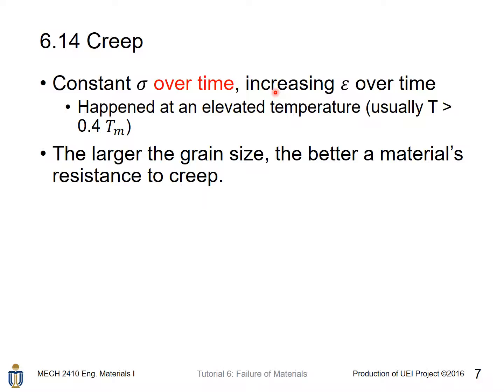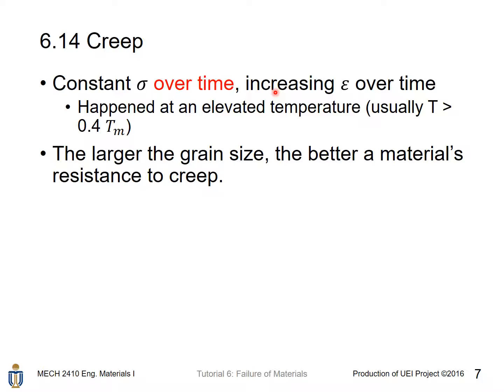And actually, the larger the grain size within the material, the better the material's resistance to creep. For example, aircraft turbines usually work at a very high temperature, due to air resistance, friction, and the fuels, and the prevention of creep is a serious issue in the design of aircraft turbines.